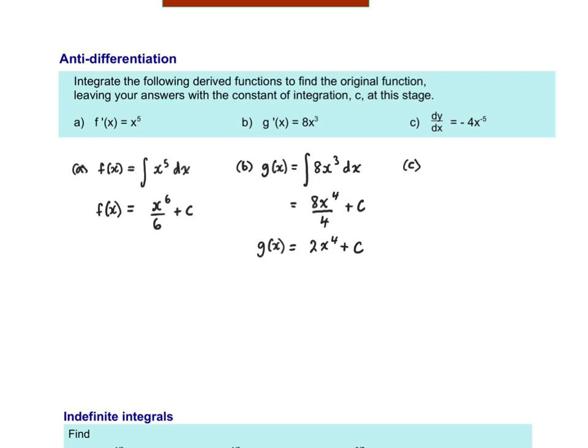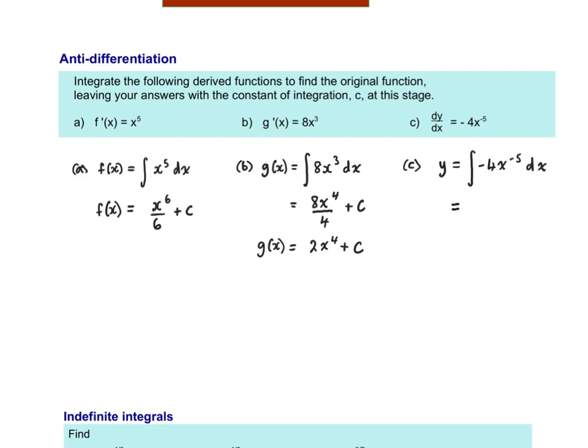For this one here, example C, we're moving to the derived function is dy by dx, so we are trying to figure out what y is this time. We're still going to integrate the function minus 4x to the power of minus 5 with respect to x. This one's a little bit trickier because it's got that negative index, but we can cope with that.